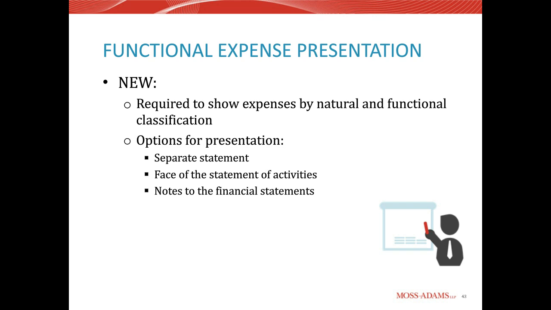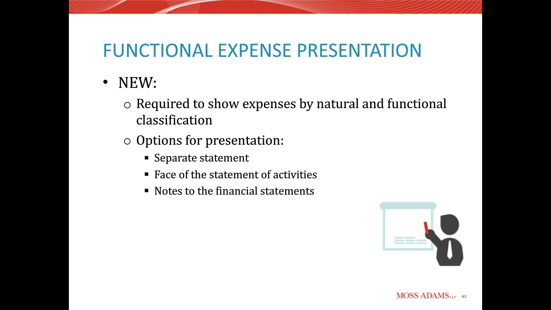Now, what is neat about this standard is that it does provide the opportunity for the not-for-profit organization to choose how they are going to disclose that information. It doesn't necessarily have to be in a separate statement to the financial statements, like a statement of functional expenses as was required for voluntary health and welfare organizations in the past. That is still an option.